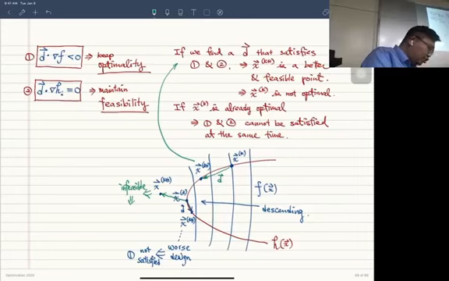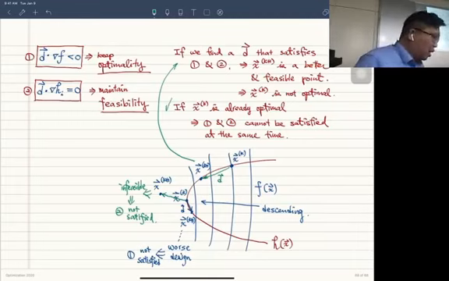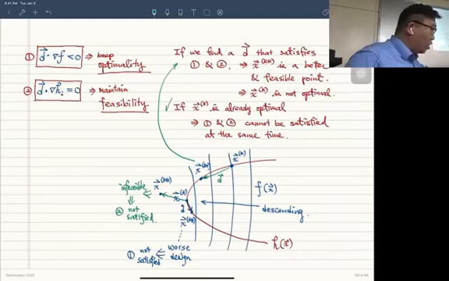So in this situation, your rule number two is not satisfied. It seems like in this argument we can tell that if xk is already optimal, the first and the second statement cannot be satisfied at the same time. Okay, so that's quite interesting.